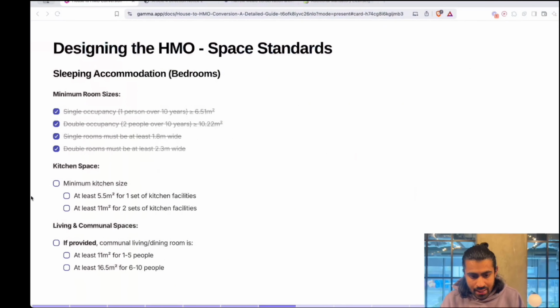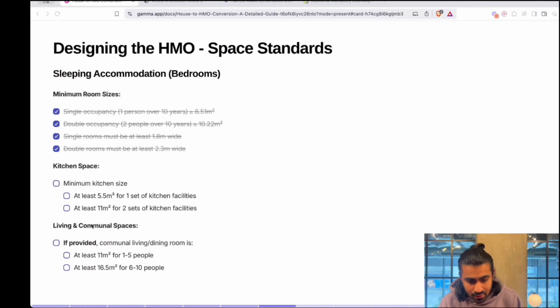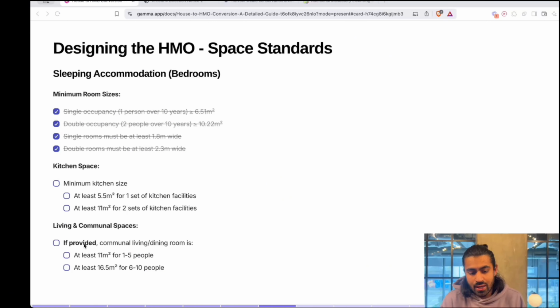Now, looking at the kitchen space, the minimum kitchen size, at least 5.5 meters squared for one set of kitchen facilities, which we absolutely meet. We absolutely demolish it because we've got that huge space here. And then finally, it says here, if a communal space is provided, then it needs to be at least 11 square meters.